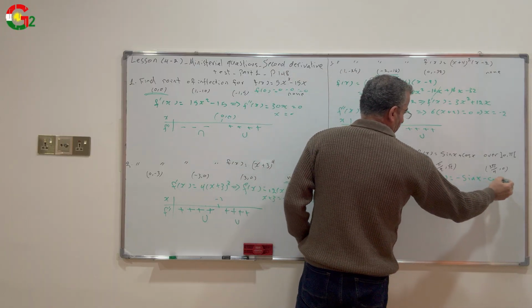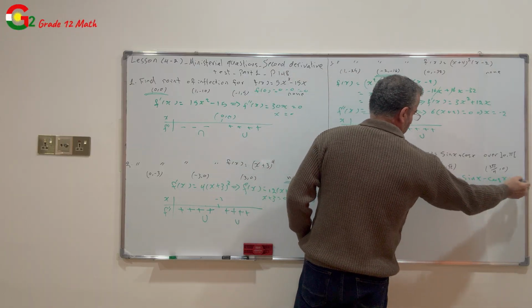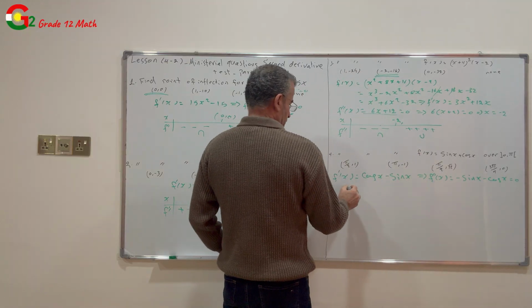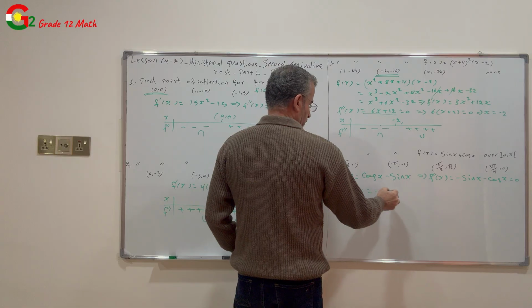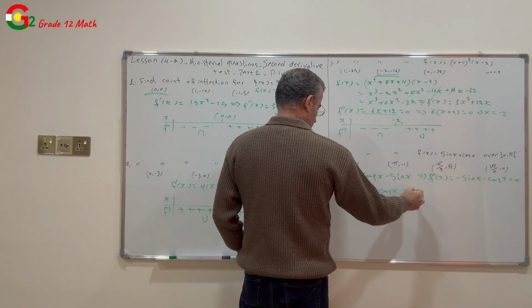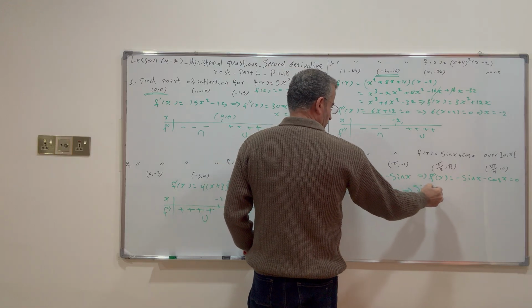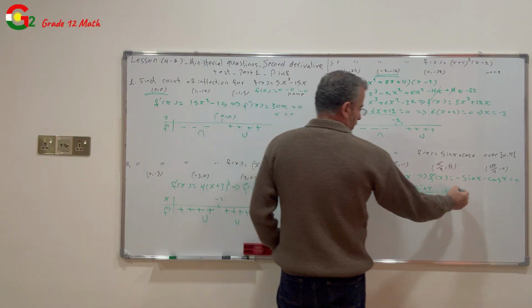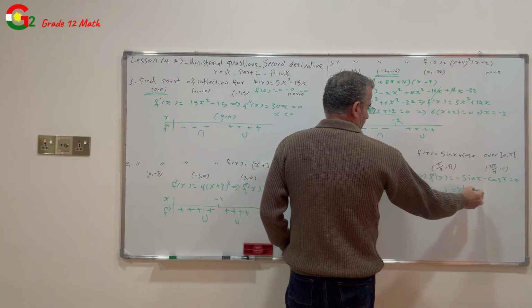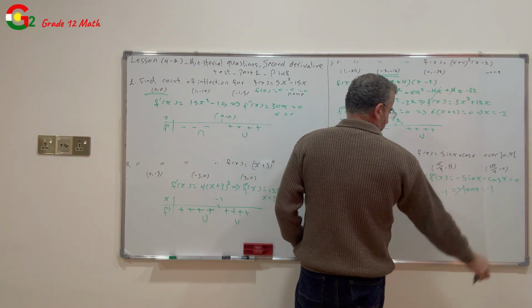minus cosine x. Set it equal 0, then sine x equal to negative cosine x. Then sine x over cosine x equal negative 1. That means that tan x equal negative 1.